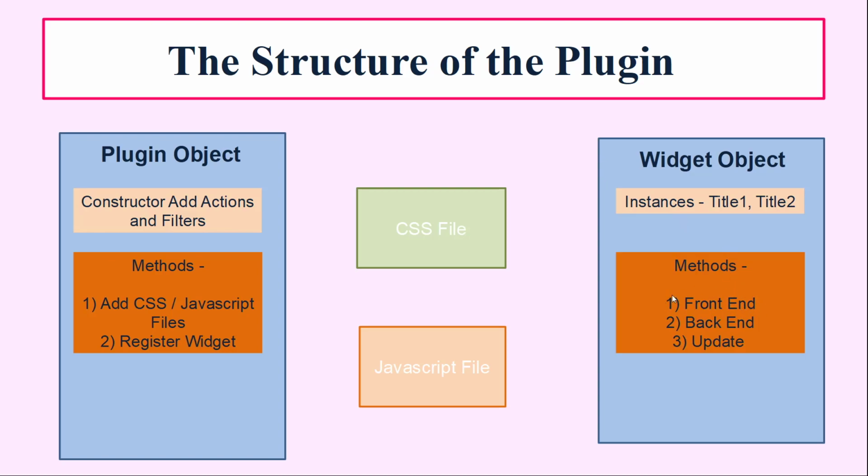One that shows what's on the front end, one that shows the settings from the back end, and the third method that updates the data from the back end to the front end. And so what we'll have is the plugin will register the widget, and then that method will make sure that the widget object can get information from our CSS and JavaScript files.